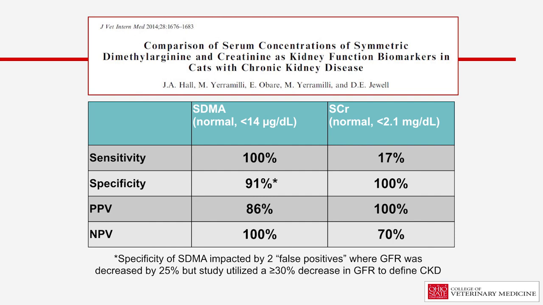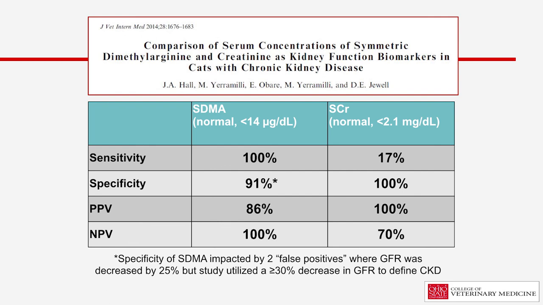But IDEXX wants to make sure that you look at the asterisk. Why is that? Because going back to how did she define CKD in these cats? She said, I'm going to call them CKD if their GFR, as based on iohexol clearance, is greater than or equal to 30% below the lower 2.5 percentile of normal. Well, there were 2 cats in this study where the GFR was decreased by only 25% below that, not 30% below, but 25%, and she called those false positives, okay?